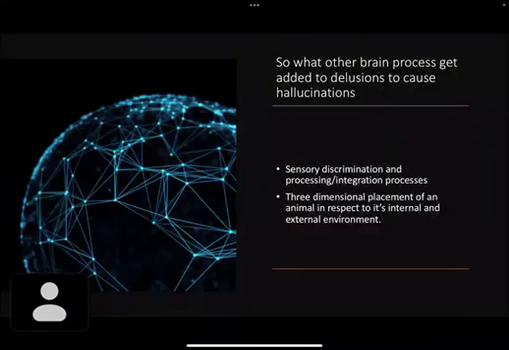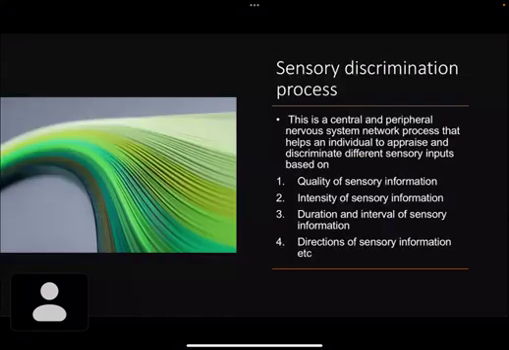So what other brain processes got added to delusional circuits to cause hallucination? Sensory discrimination and processing or integration processes, as well as three-dimensional placement of an animal with respect to its internal and external environment.